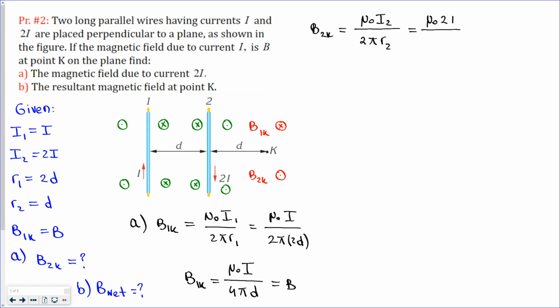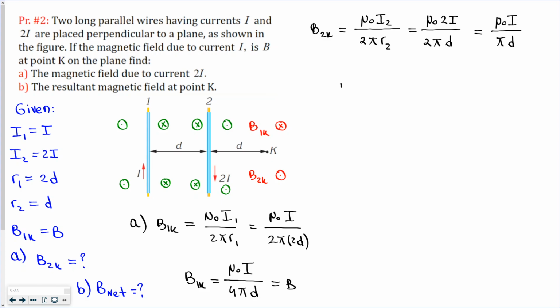Mu 0 2I over 2 pi D. Why? Because the distance from the second wire to point K is D. Now finally we have mu 0 I over pi D. 2 will be cancelled out.